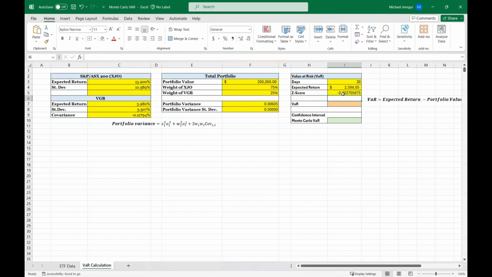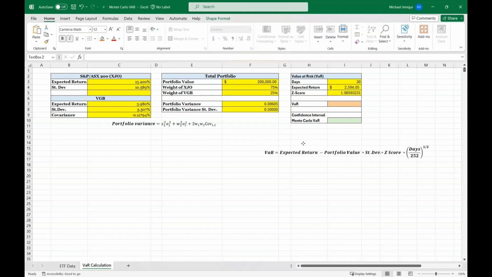So you'll see when I hit Fn on my keyboard, it just keeps recalculating a different random z-score based on a normal random distribution. Then we'll have to calculate a scenario VaR based on this z-score right here.